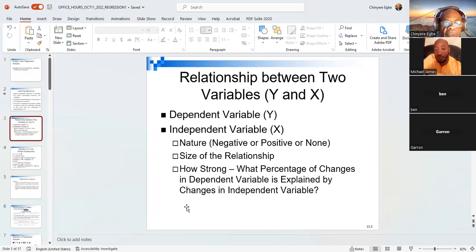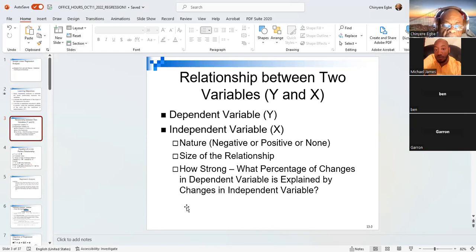Our first step is to determine the nature of the relationship. What is the nature of the relationship? Is it negative? Is it positive? Or there is none? And when we say negative, for example, in economic analysis, we ask the question, what is the relationship between quantity demanded and price?